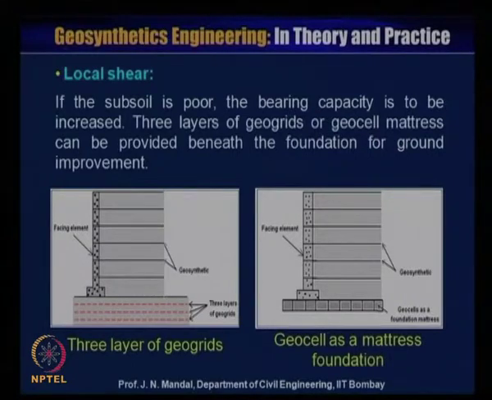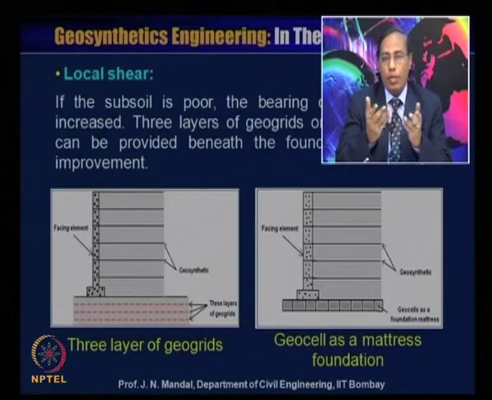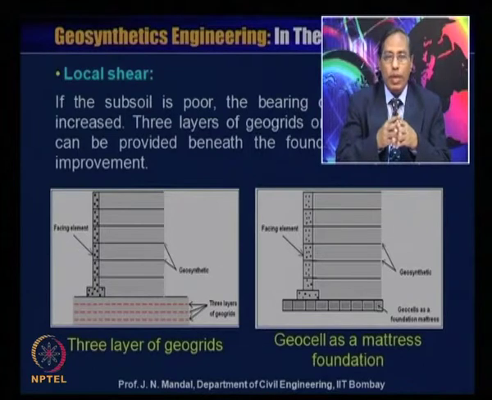You can provide three layers of geogrid, or geocell matrices can be provided beneath the foundation for ground improvement. There are different types of ground improvement. You can go ahead with the prefabricated vertical drain, or the encased stone column, which I will show you later how to design.